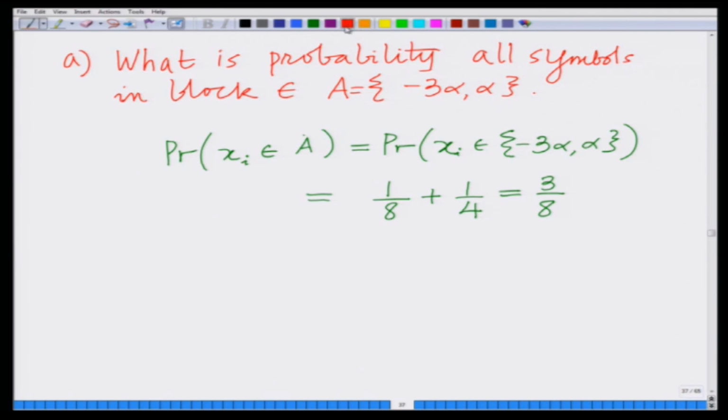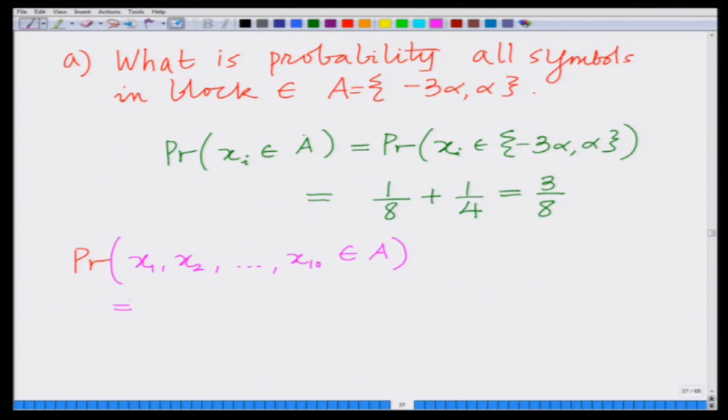We are asking, what is the probability that x1, x2 up to x10 belong to this set A?